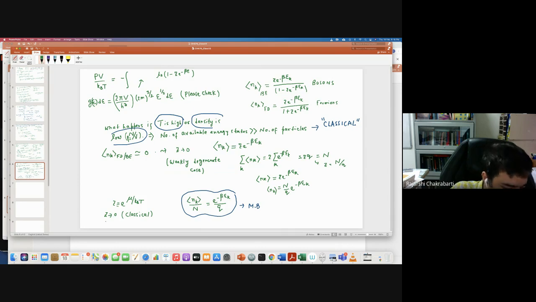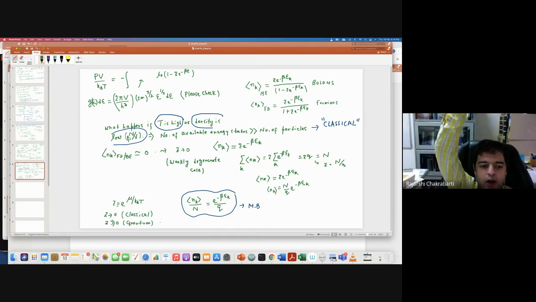If fugacity is high, then I am hitting quantum. So fugacity is a measure of how much your gas deviates from its classical description. Any non-zero Z is a signature that your gas has some kind of quantum nature. If you go to high temperature, low density, fugacity is 0. But if you go to the other limit, the fugacity will be high.